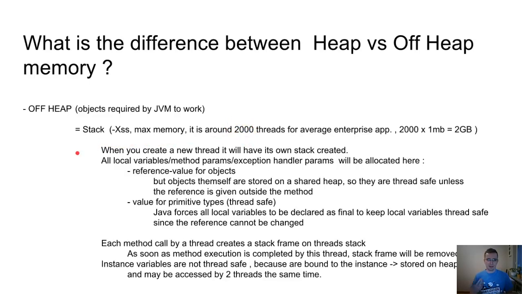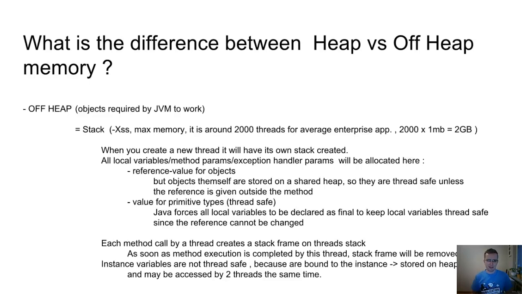So whenever you create a new thread, it will have its own stack created. All local variables, methods, parameters, and the exception handler parameters will be allocated on the stack. The objects themselves are stored on a shared heap, remember.